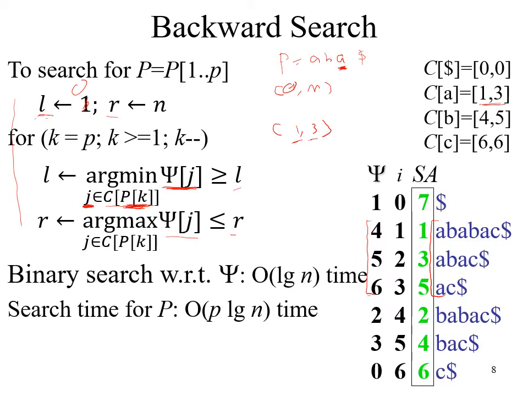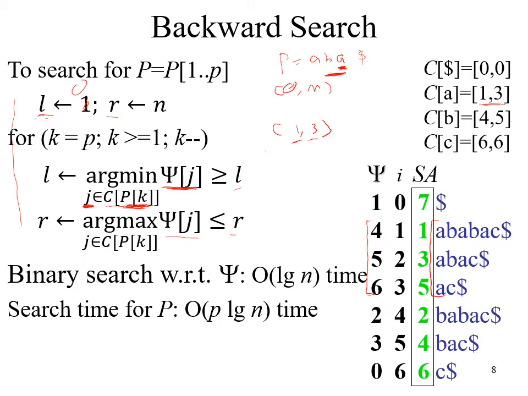Next, we consider BA. Given the range for pattern A, we want to compute the range for BA. So we prepend one character B to A. Okay.